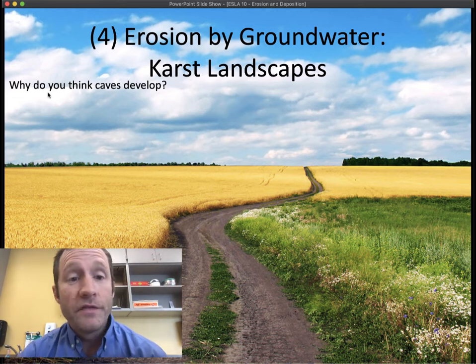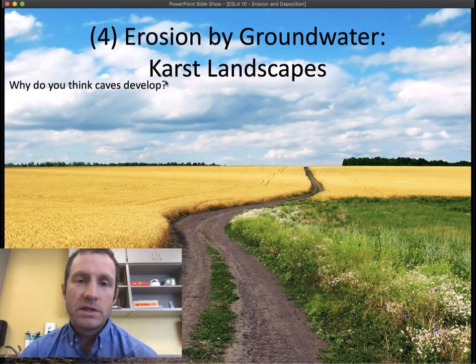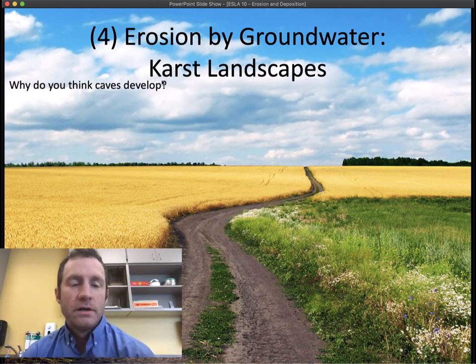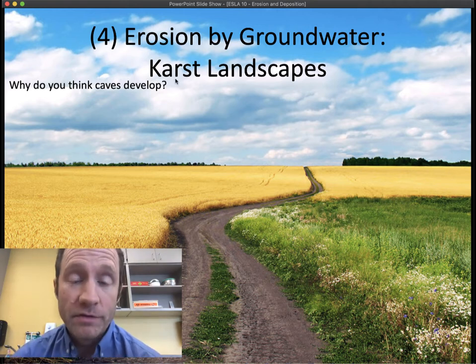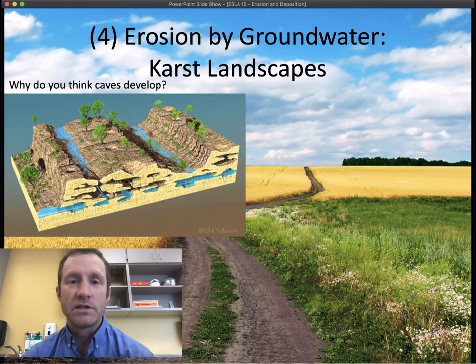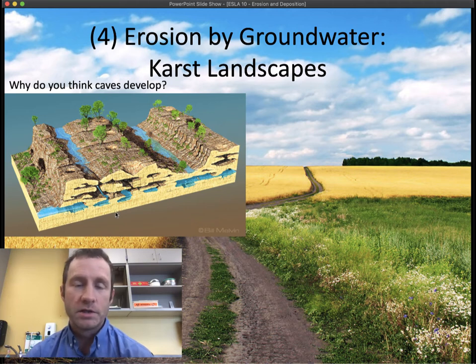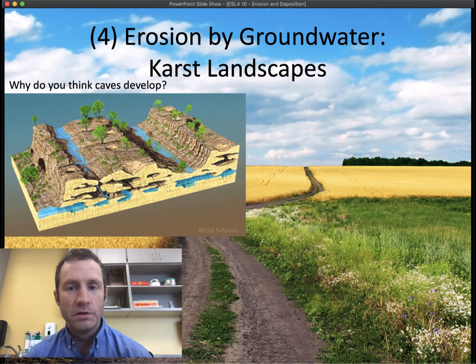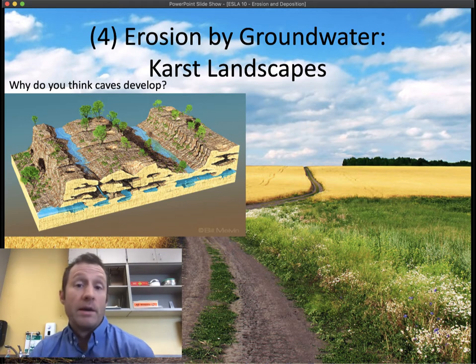All right. Well, the fourth type of erosion that can take place is by groundwater. And groundwater can erode especially limestone, as you might remember from before, by dissolving it, right? As water runs over it, it can dissolve the limestone and then deposit it somewhere else as it cools down and can't hold as much load. The little minerals will come out of solution and create perhaps a stalactite or stalagmite.